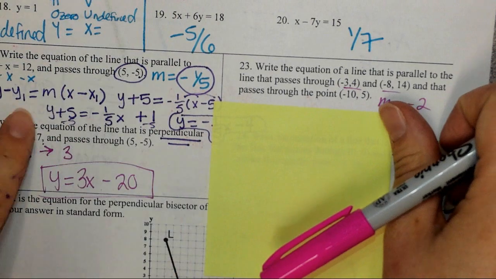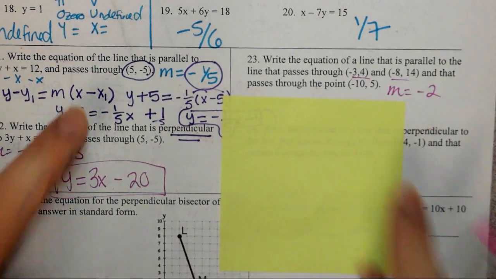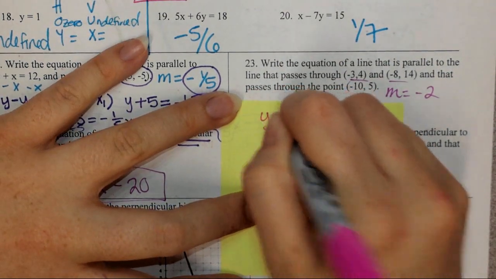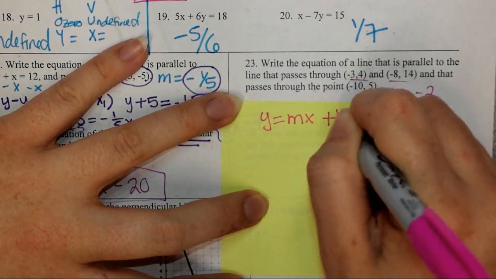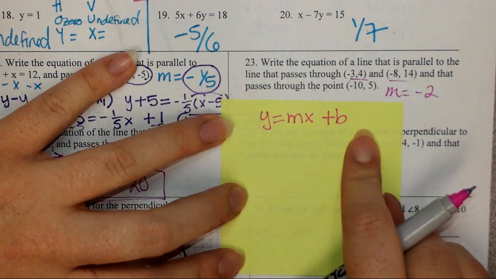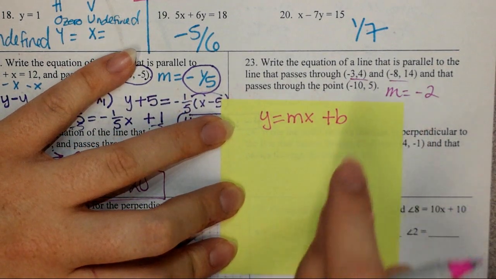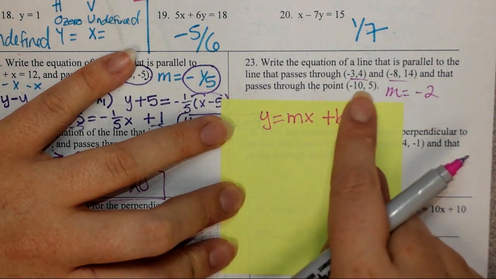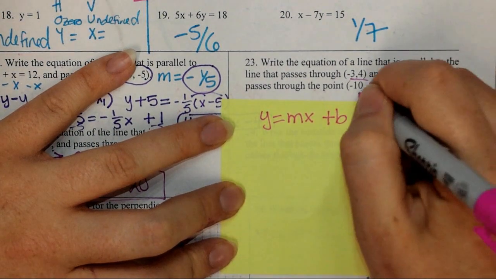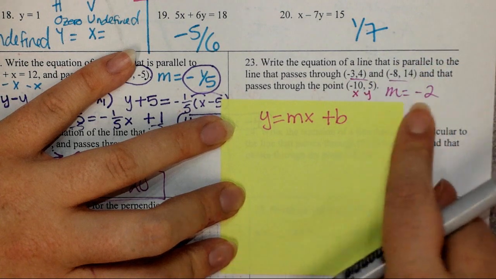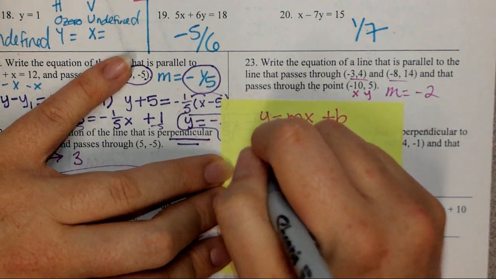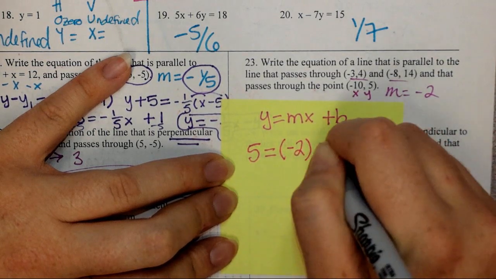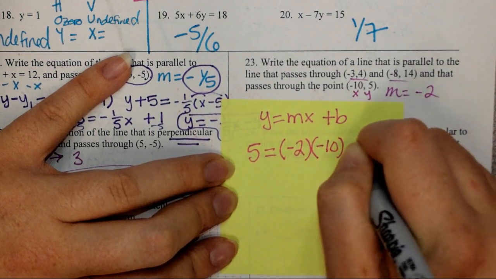Since I did the point slope method on the last one, I'm going to show you a little bit different method here. We know that we want our equation to be in the form y equals mx plus b. Another way to get this equation is by plugging in the coordinates x and y and your slope, and solving for b. So my y is 5, my m is negative 2, my x is negative 10.